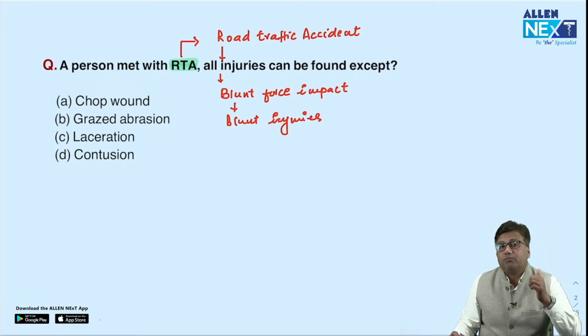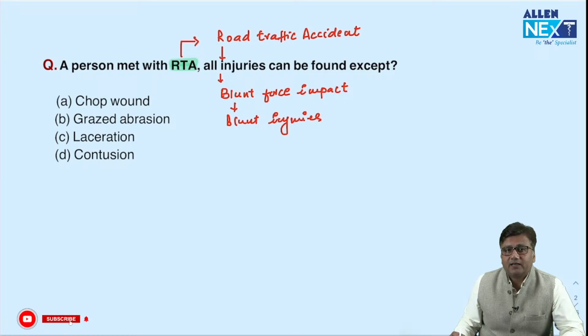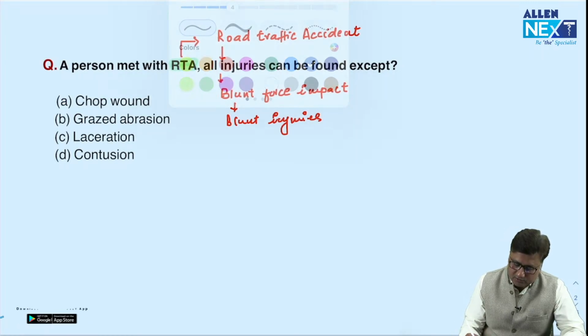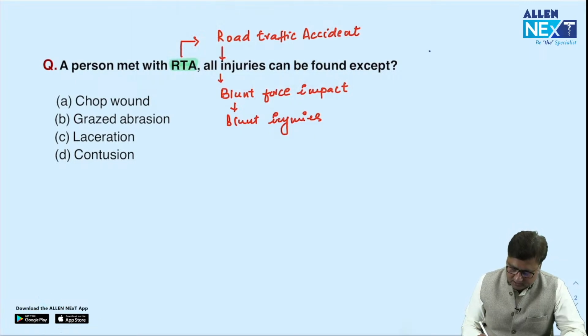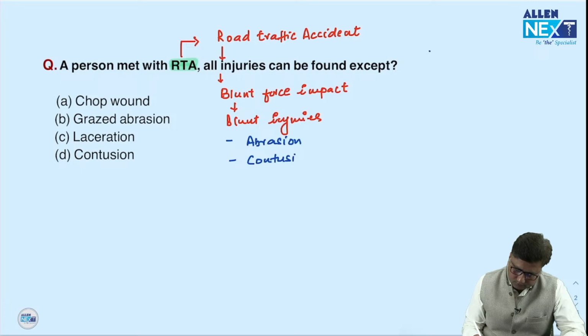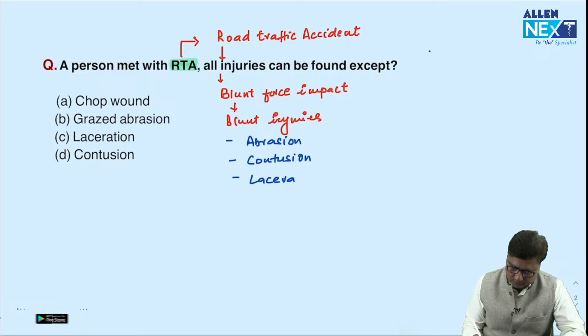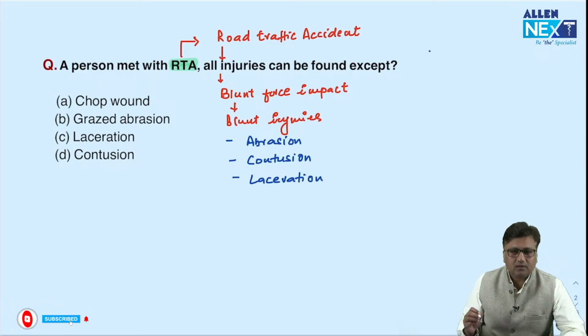And what are the blunt force impact injuries that come up on the body? Whenever blunt force impacts the body, the injuries are abrasion, contusion and laceration.